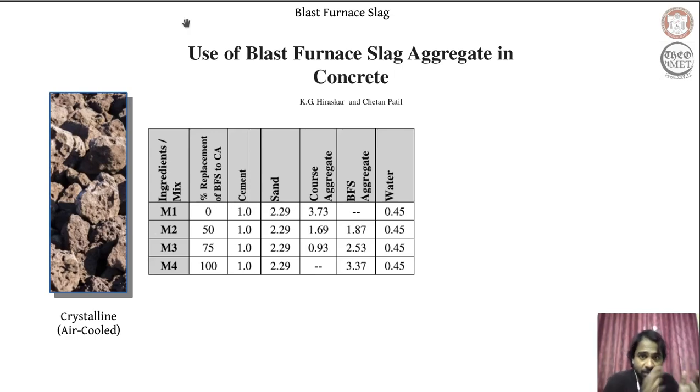So we have 4 different grades of concrete. On one extreme, the concrete is purely made of aggregates, so 0% blast furnace slag. On the other end of the spectrum, we have the aggregates entirely made of blast furnace slag with 0% conventional aggregate.